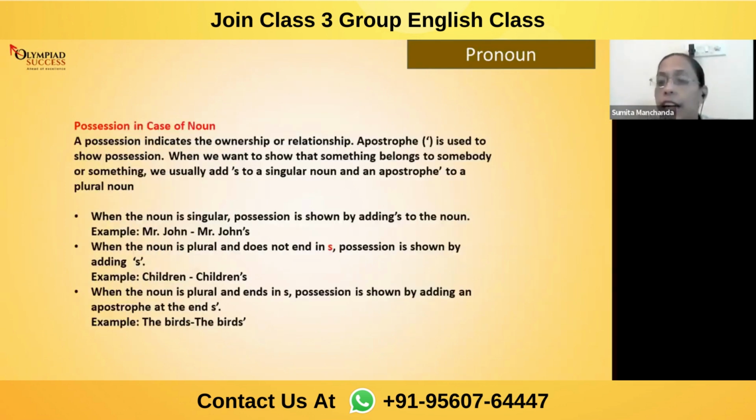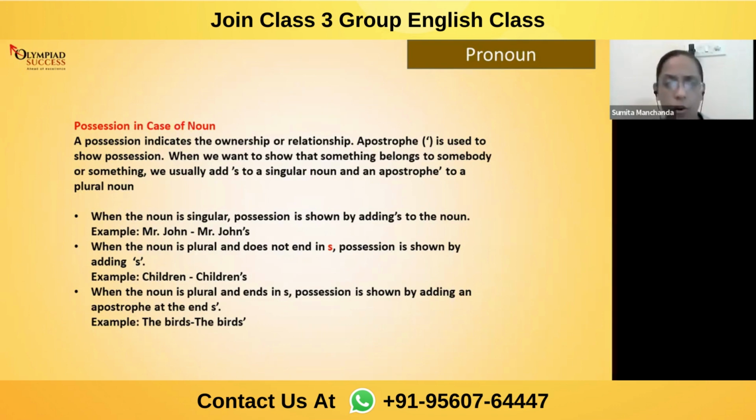Now, possession in case of noun: a possession indicates the ownership or relationship. When I say possession, we have come up with the word ownership or relation. The thing which is there has some relation. What relation? That thing belongs to me. So apostrophe. In many cases we are going to use apostrophes.